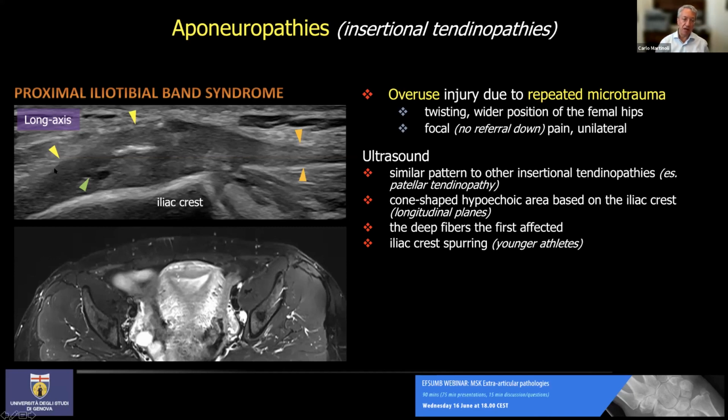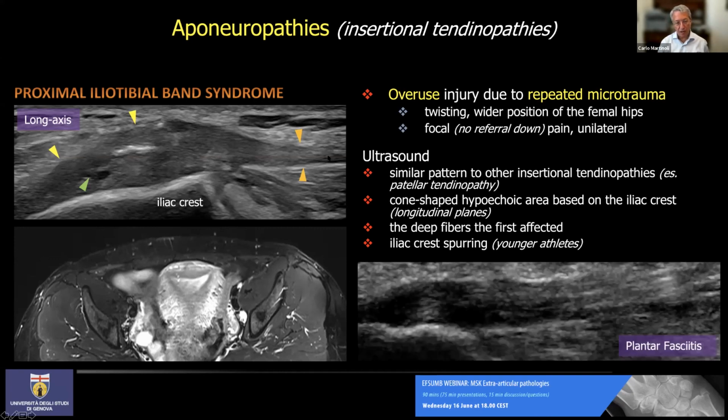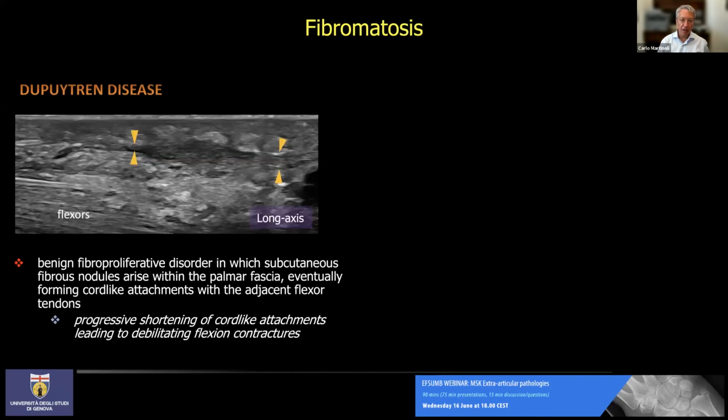In this case, you see the swelling of the fascia at the level of its origin, some fissuration within the fascial substance, and then the fascia that normalizes in a more distal location. And this is an example of plantar fasciitis.